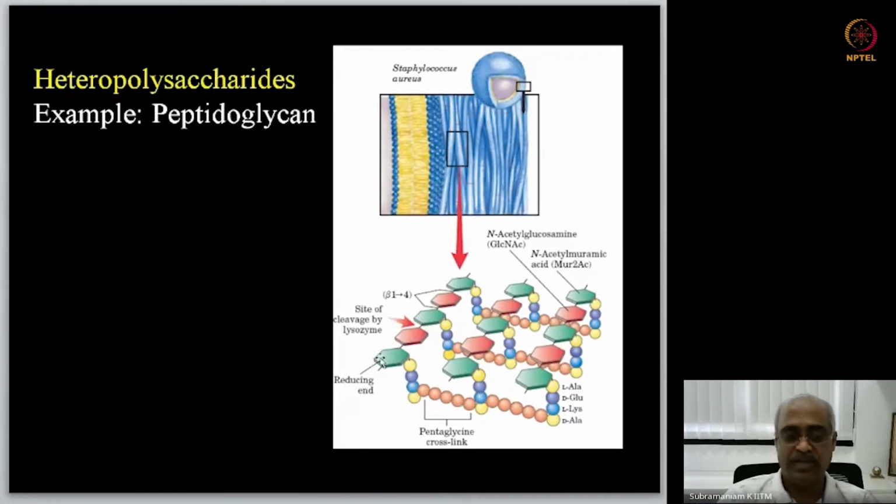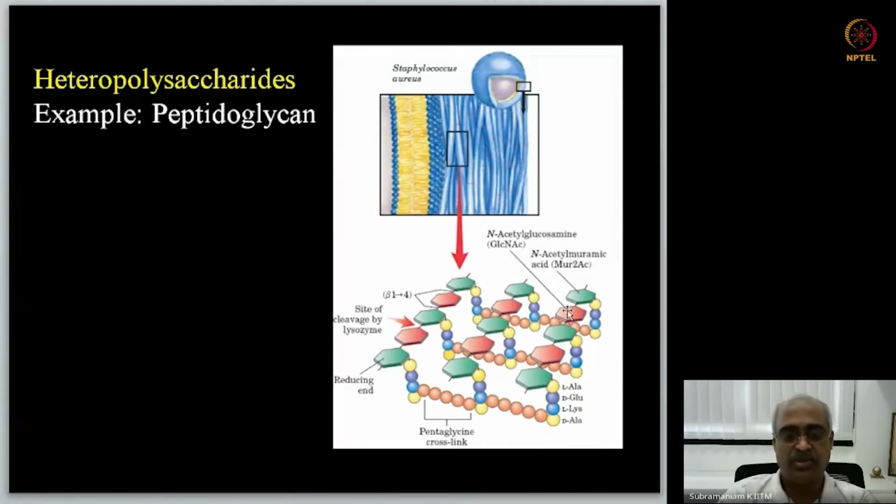So here you have N-acetyl glucosamine and N-acetyl muramic acid. N-acetyl muramic acid, yesterday we saw, is a modified monosaccharide. It has a lactic acid group attached to carbon 3, while carbon 2 has the amino group that is acetylated.